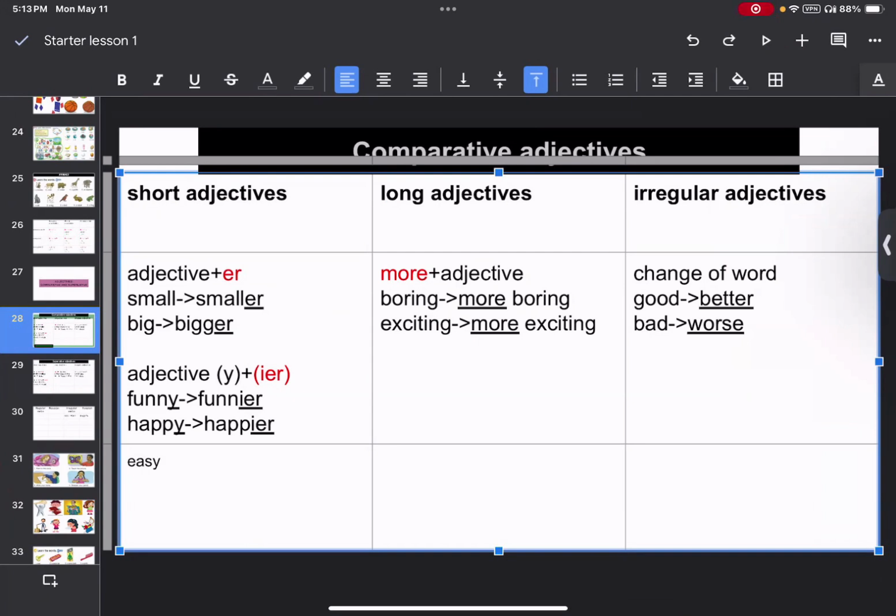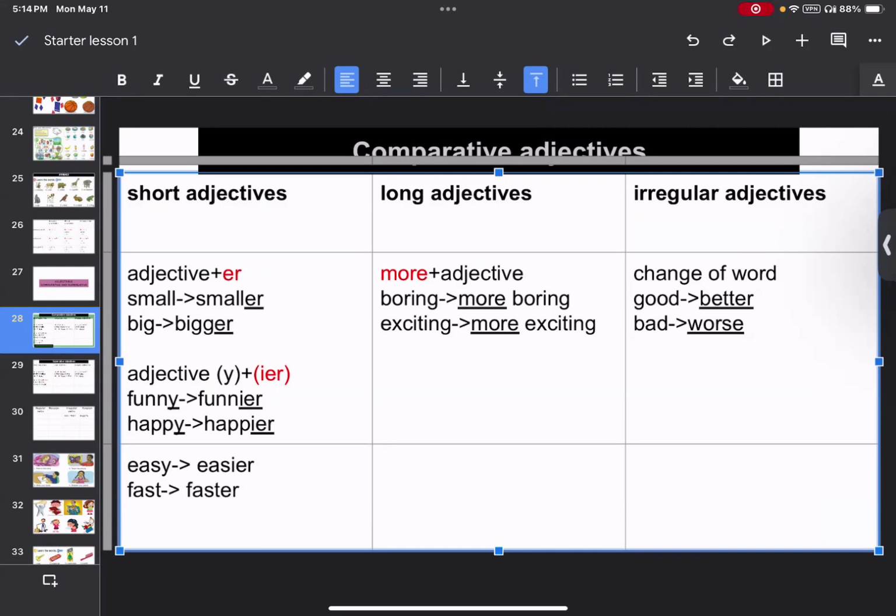Easy becomes easier. It has a Y, so it becomes easier. Then the next one we had was fast. The short one. Fast becomes faster.